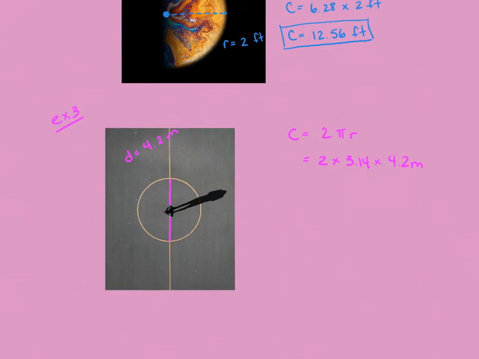Oh, that's not right. I almost made a big mistake, because 4.2 meters is the diameter, and we want the radius, don't we? So the radius of 4.2 is 2.1 meters.